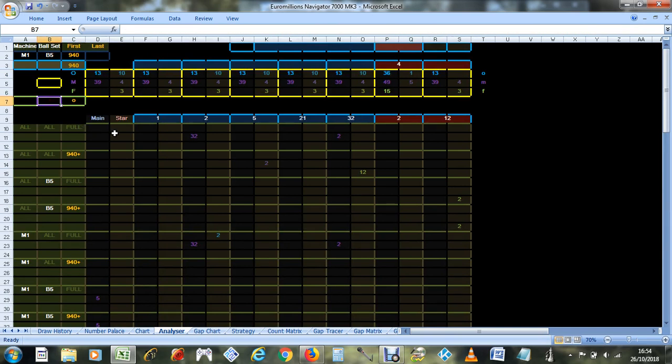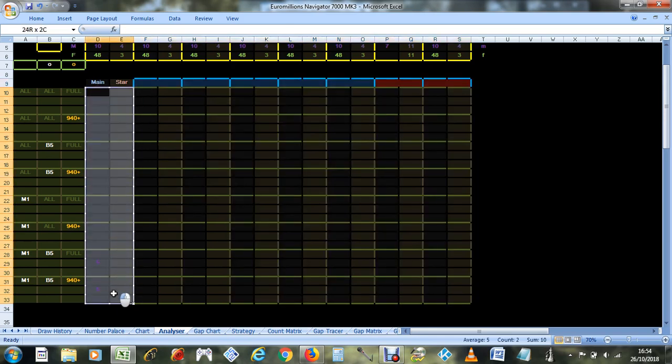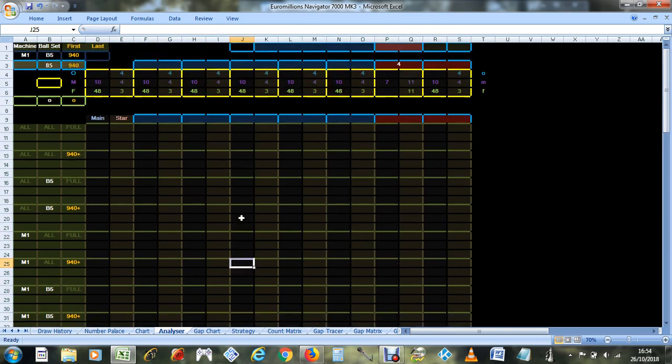and if we narrow it down to the set of balls that's in use at the moment, which is set 5, then it turns out that number 11 is most outstanding with number 4 because it's most frequent and most overdue for its frequency.